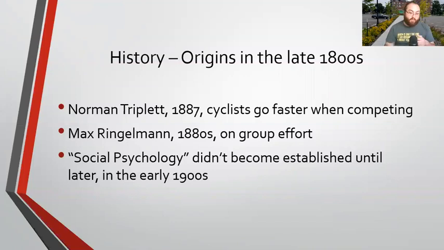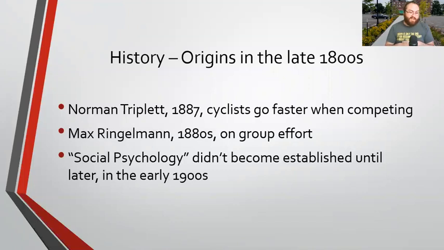He was using a stopwatch to measure how fast they were going. And he found that when he competed cyclists against each other, their speeds were consistently faster than when he had them racing just against the clock. In other words, when you change the social environment by having people race against each other, their behavior changed.